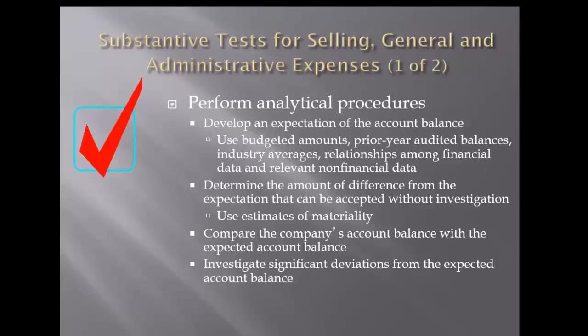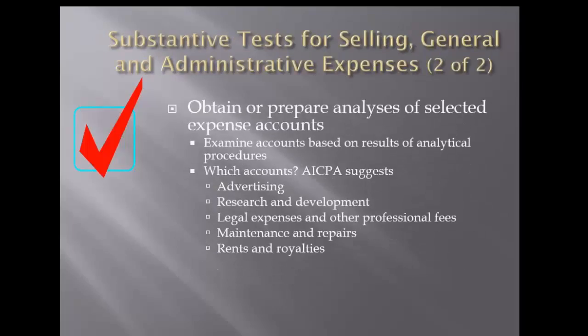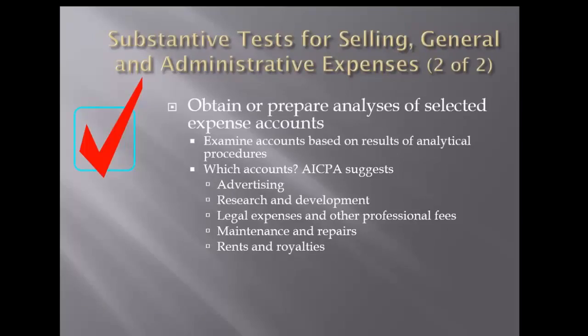If it's not within the tolerable difference, we're going to investigate any differences. One of the things to keep in mind is that when we're doing analytical procedures, if there is a difference, it doesn't necessarily mean that that difference is wrong. It just means that we are going to investigate it.